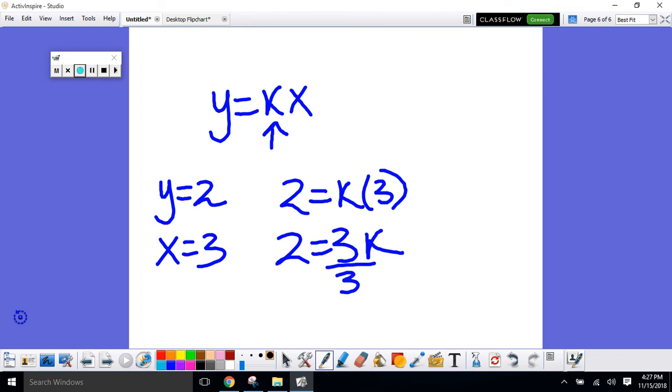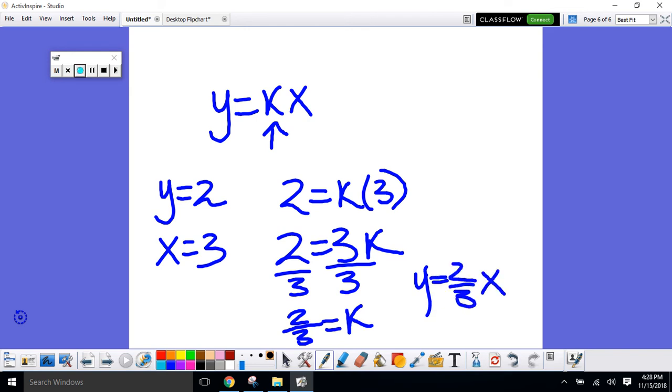I can divide by 3. 2 divided by 3 would be my k, so my constant of variation would be 2 over 3. Okay, and then I can use this equation now, y equals 2 over 3x, and I can substitute any value into the x to find any value for y. Very easy.